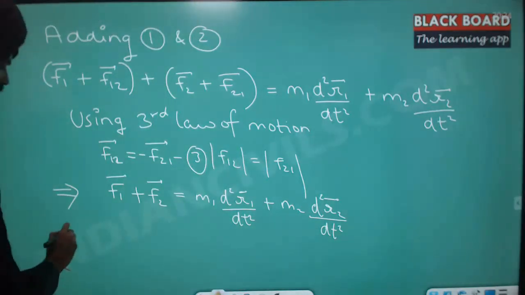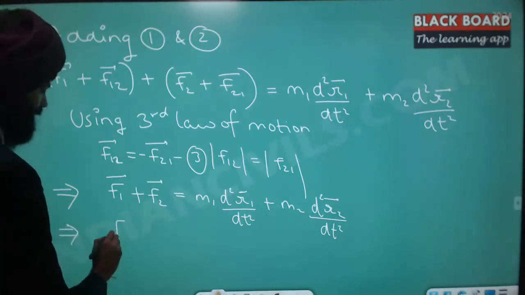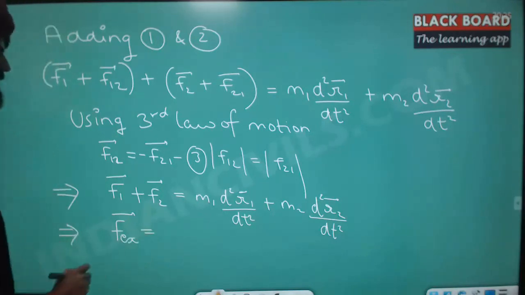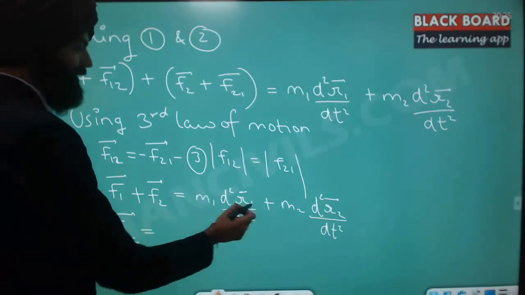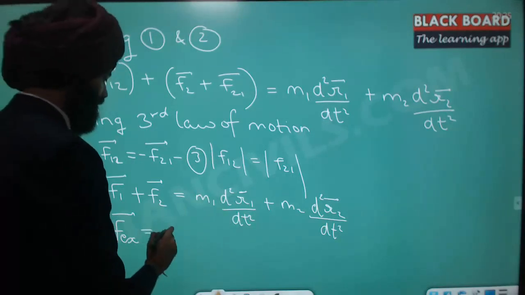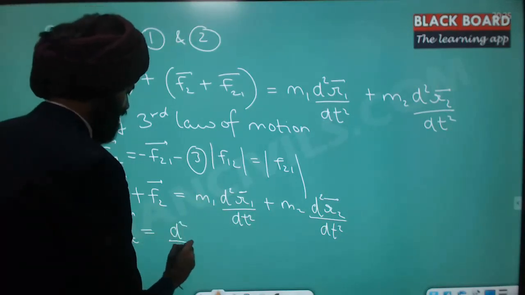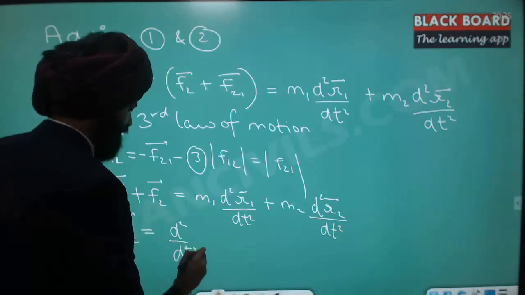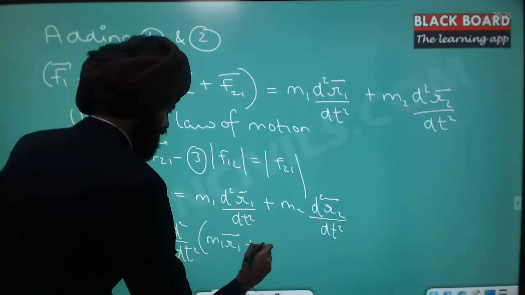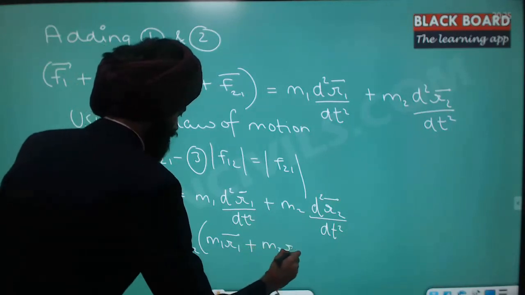So this is nothing but F external equals, now since mass is remaining constant, m1 and m2 are constant, we can take the double derivative outside. So this will be d square by dt square of m1 r1 plus m2 r2.